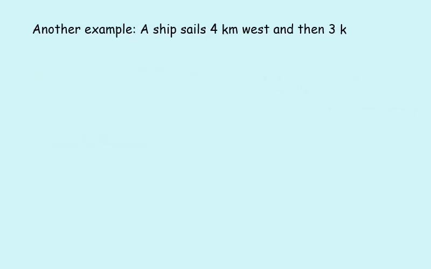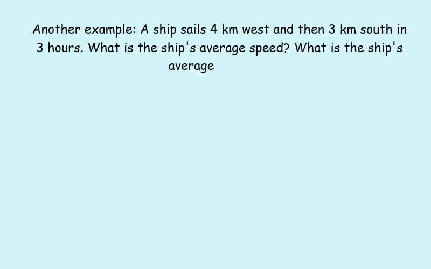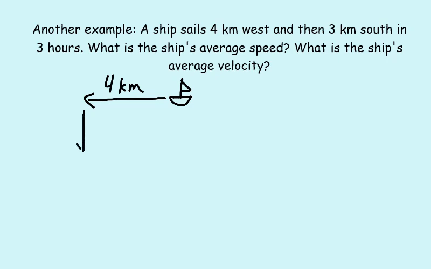Okay, for another example, a ship sails 4 kilometers west and then 3 kilometers south in 3 hours. What is the ship's average speed? And what is the ship's average velocity? Yeah, I'm not an artist, but that's okay. So we're going 4 kilometers west and then 3 kilometers south.